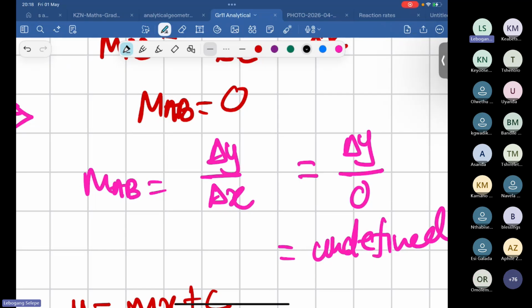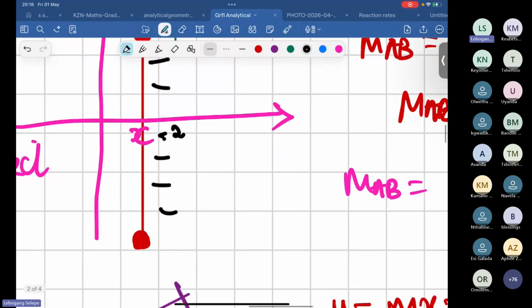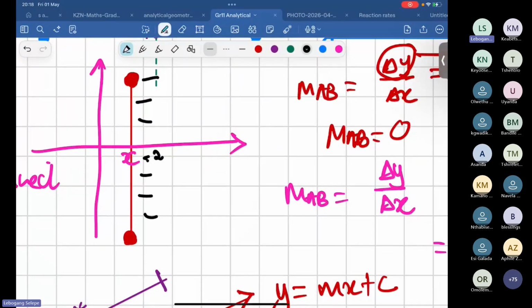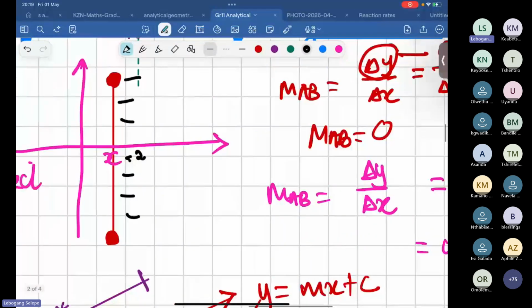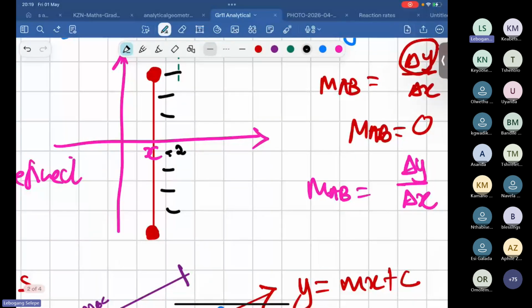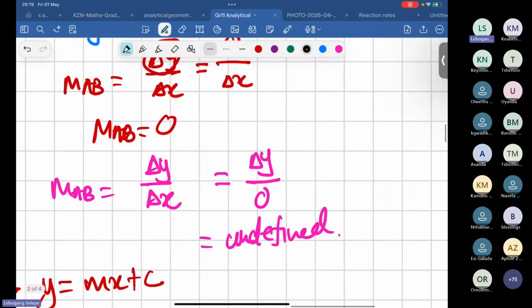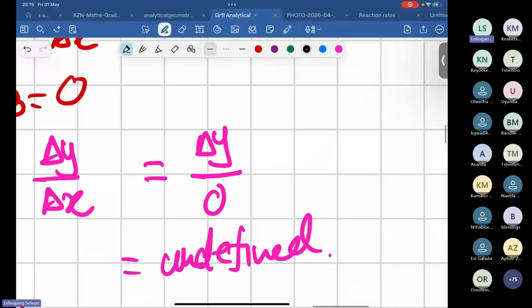Do we have a change in y? Yes, because the y values are changing for a vertical line. However, do we have a change in x? No, because this line is exactly on the same x value. That automatically tells us that there is no change in x, and that is why I substituted 0 here as my change in x.